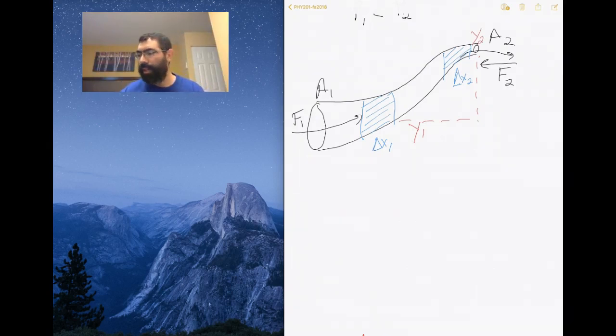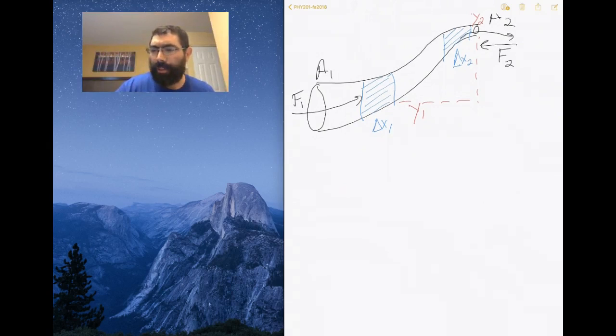So not only do we have forces pushing on the fluid, moving it through the pipe, and the pipe is changing its area, it's constricting from an area A1 to an area A2, but now we're going to add in gravity. We're going to allow gravity to act on this mass of fluid which is flowing through the pipe.